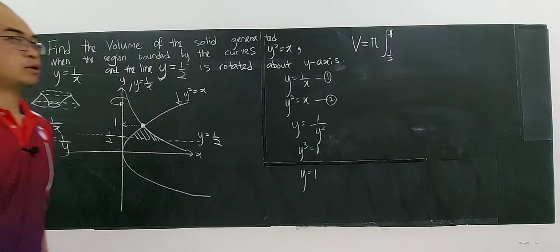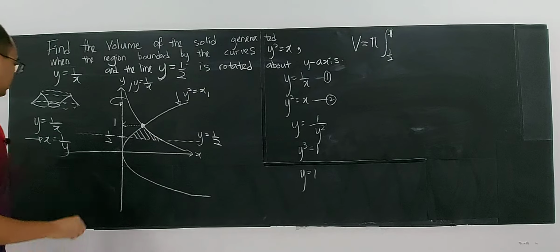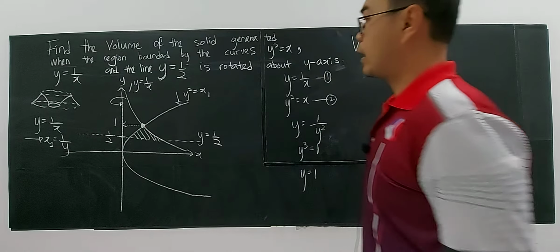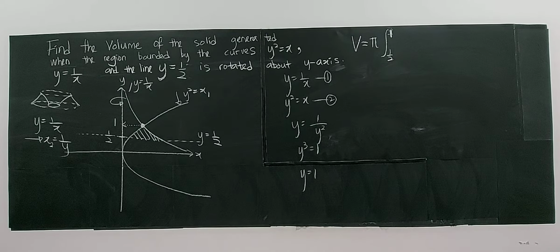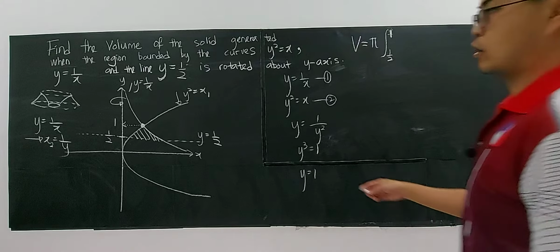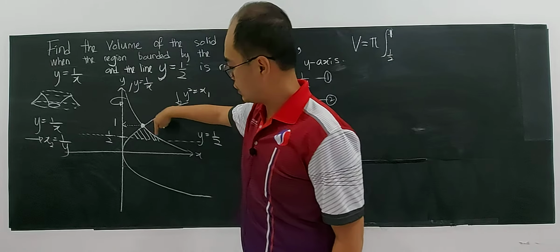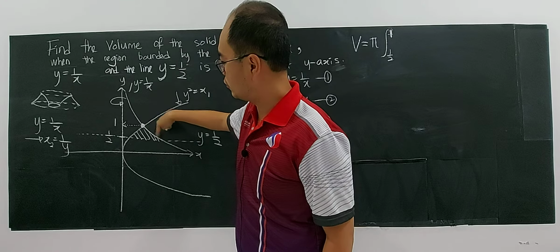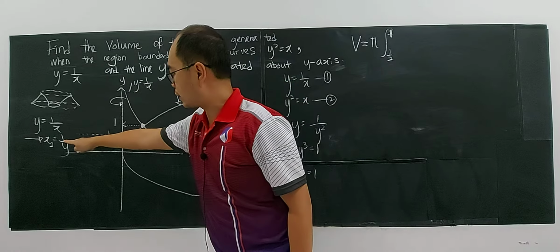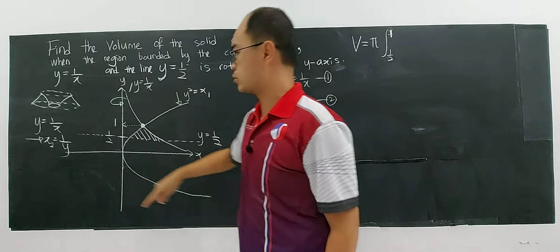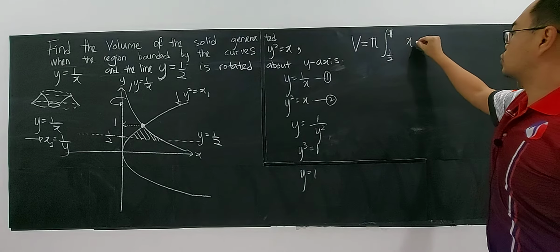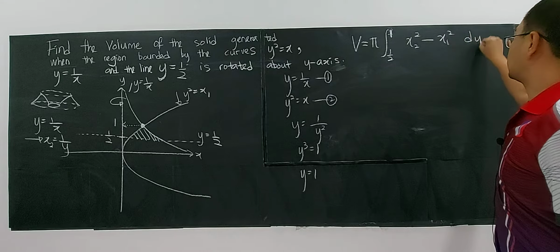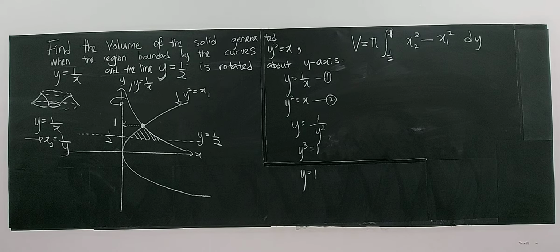I label this as x1 and this as x2. Now it's x1 squared minus x2 squared, or x2 squared minus x1 squared. This curve is farther from the axis of rotation, so the curve x equals 1 over y is x2. I take x2 squared minus x1 squared and integrate with respect to y.